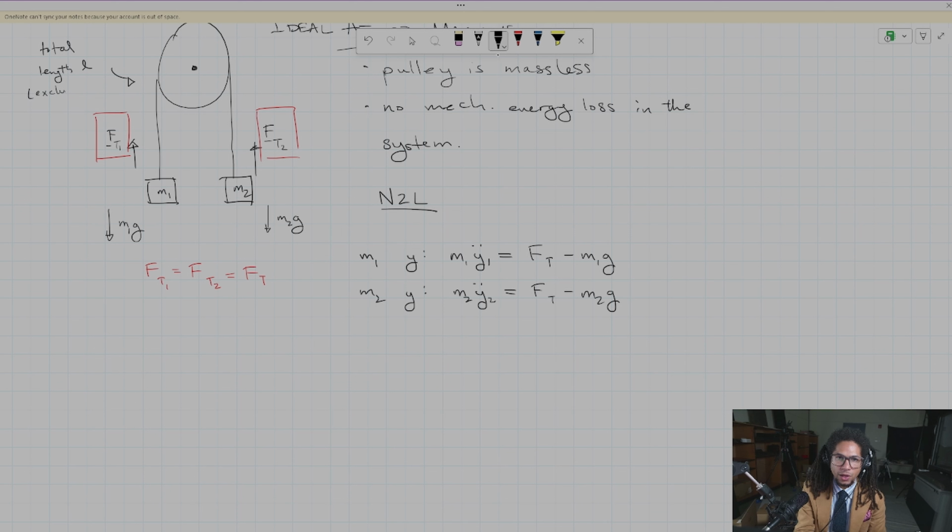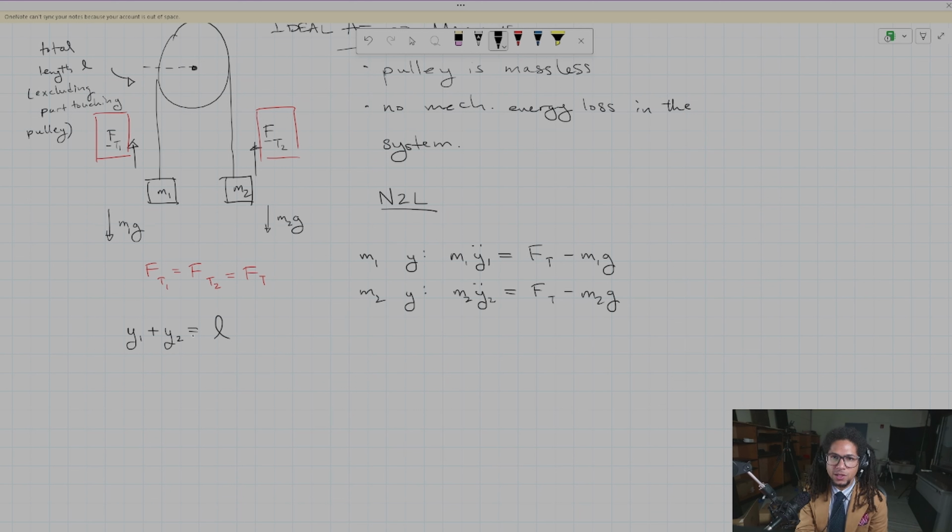Now we can say that the total length of the string is L, excluding the part over the pulley. That means that if y1 is this coordinate, then y1 plus y2 is equal to L. I guess it depends on where we measure it from.